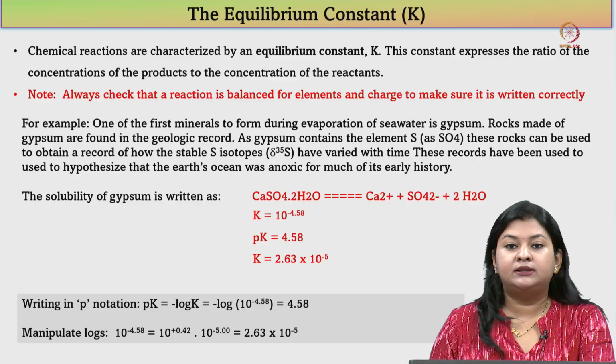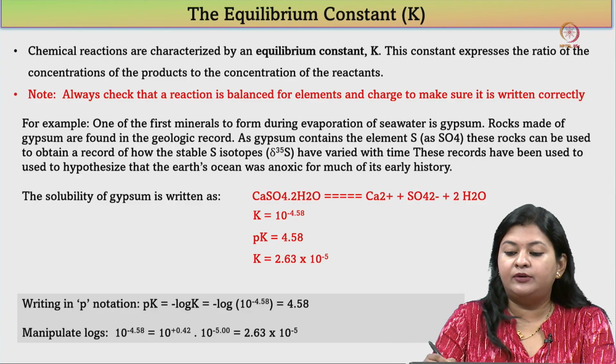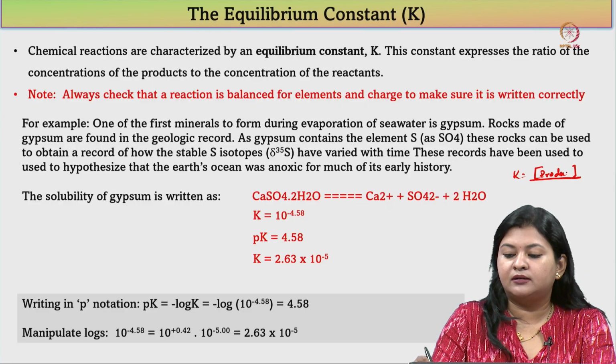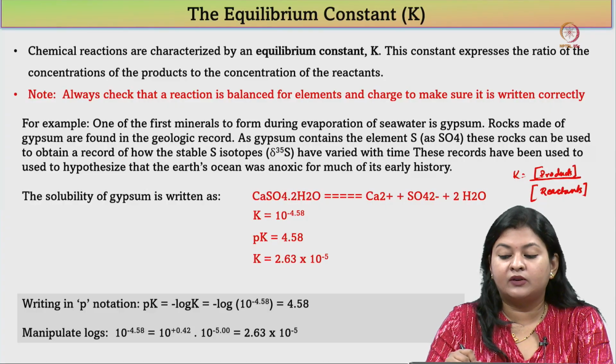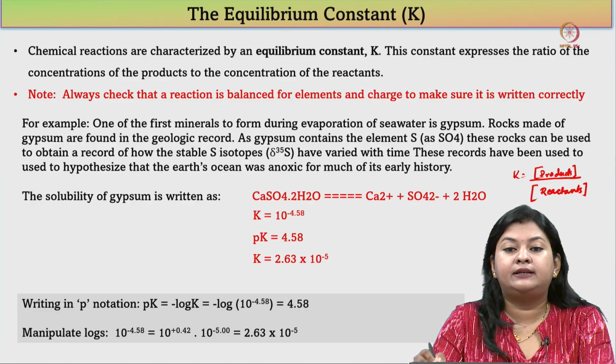Now, what does this constant represent? It represents the products divided by the reactants. It is the ratio of the product terms divided by the reactant terms.